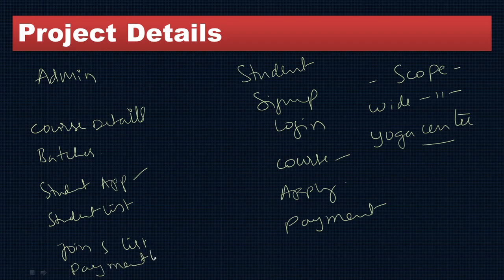This serves the purpose because we provided courses and batches here. They can select the course and the batch and apply for it. After applying they need to make the payment. Once they make the payment, that will be reflected over here.